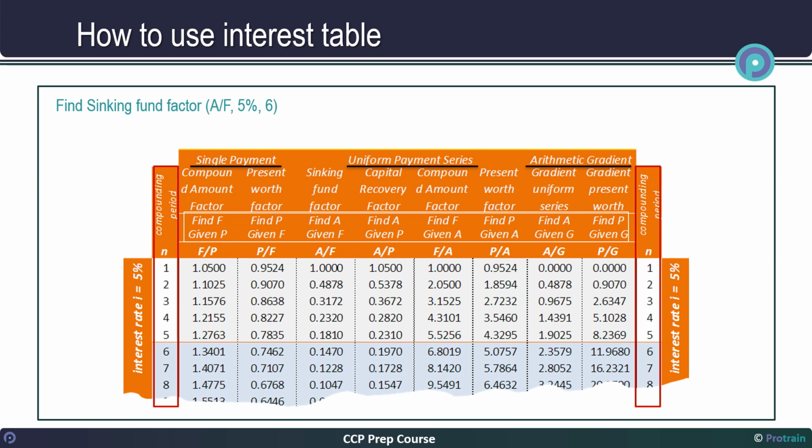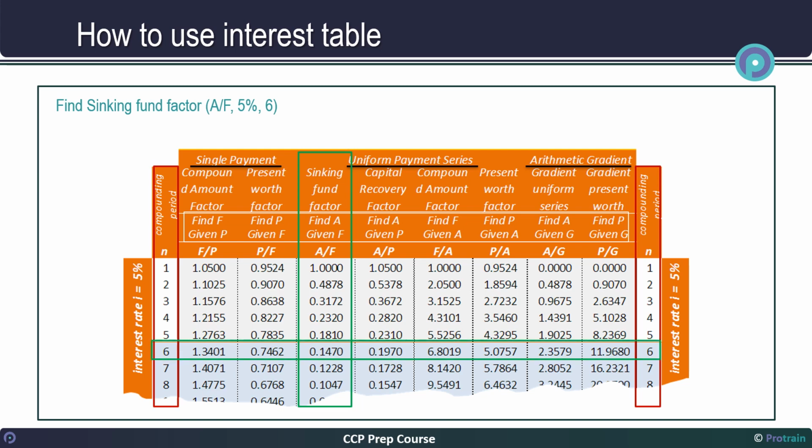This shall be denoted by A/F, 5%, 6. Let us search the value of this factor from the interest table. So, we shall go to the column of sinking fund factor and the row of 6 compounding periods, where n is equal to 6. Therefore, the value shall be 0.1470.